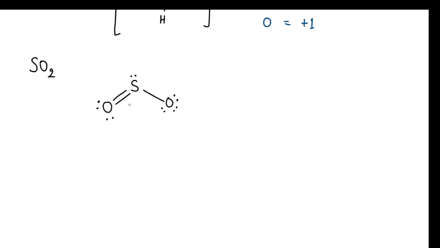So first we will calculate the formal charge for the sulfur atom. The formal charge for sulfur is equal to the valence electrons for the sulfur atom, 6, minus the number of bonds, 1, 2, 3, plus the number of non-bonded electrons, 1, 2.